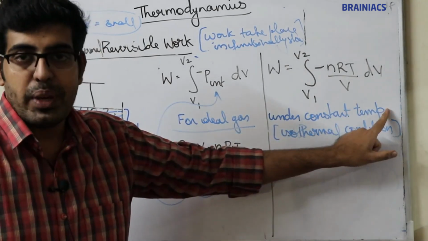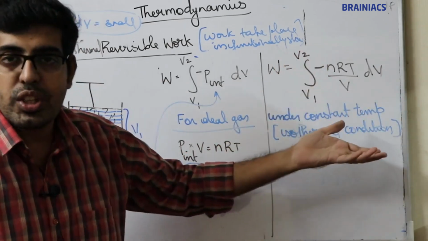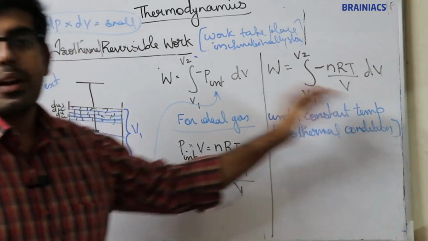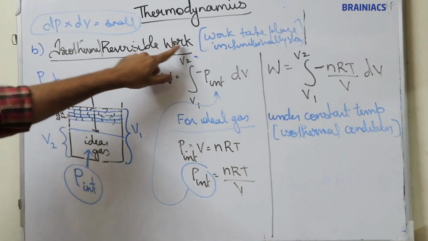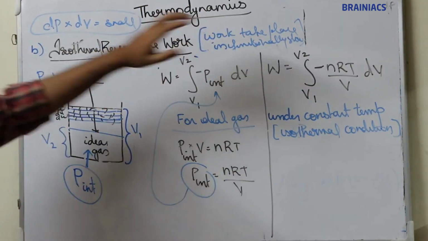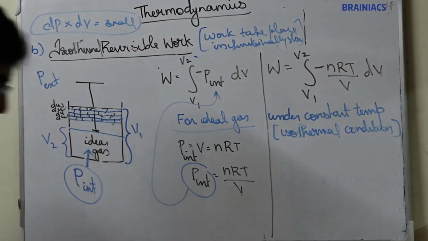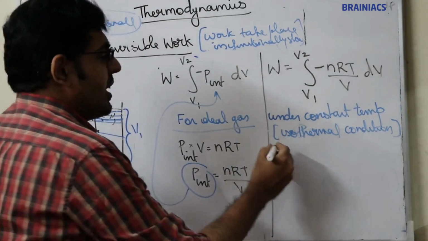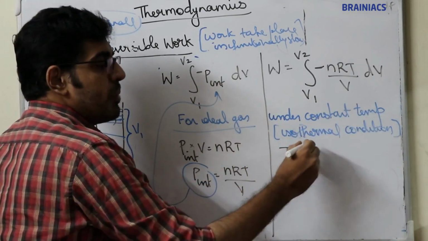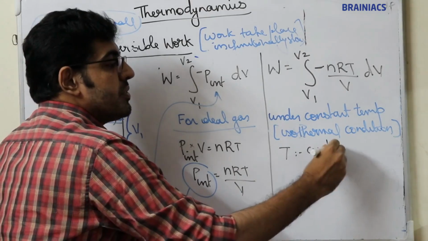Under constant temperature, that is isothermal condition, our reversible work will be isothermal reversible work. Now we know that here temperature is constant. So temperature becomes constant.